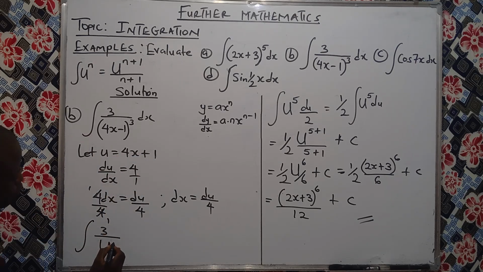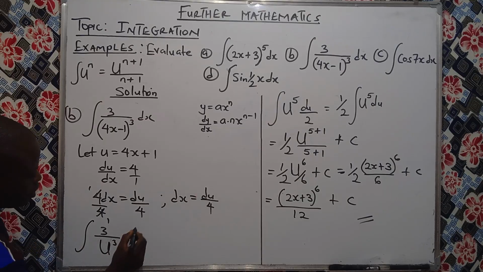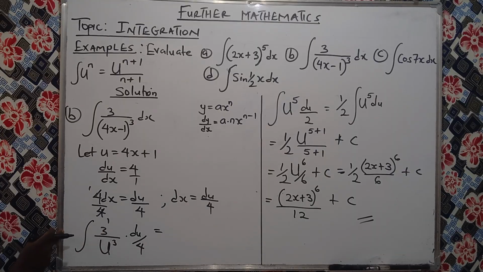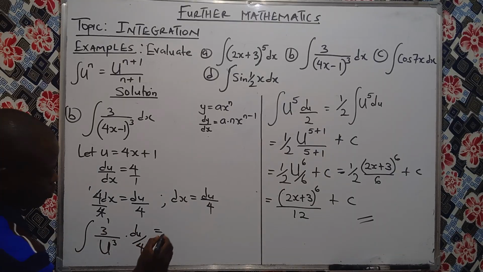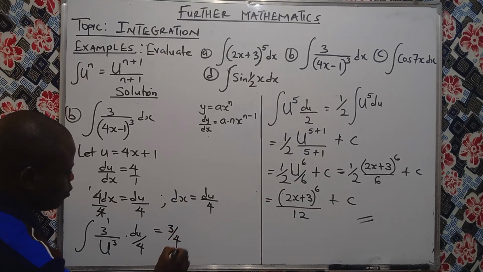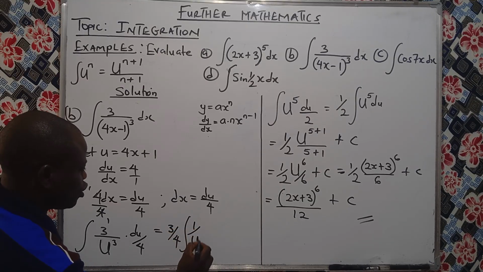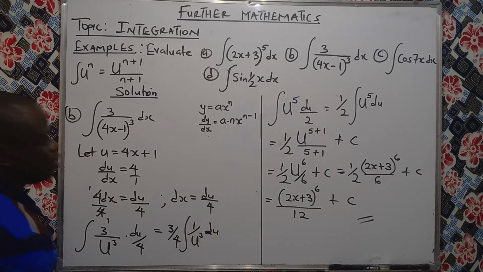Okay. Now I have u raised to power 3 multiplied by what's our dx? du over 4. Now we have 3 over 4 here. Let's bring it outside the integral sign, which is 3 over 4 integral of 1 over u raised to power 3 du.